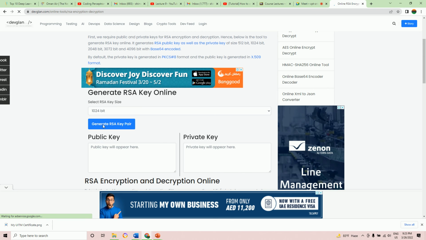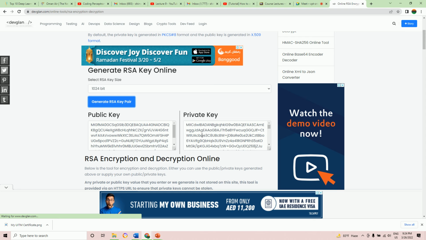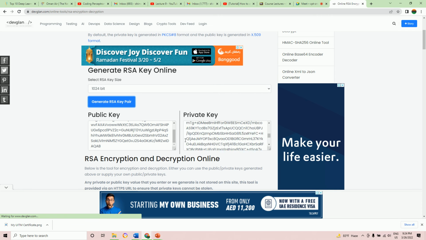So first you should create a key pair. So this is the public and private key.